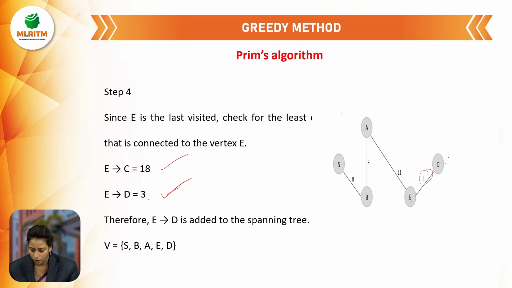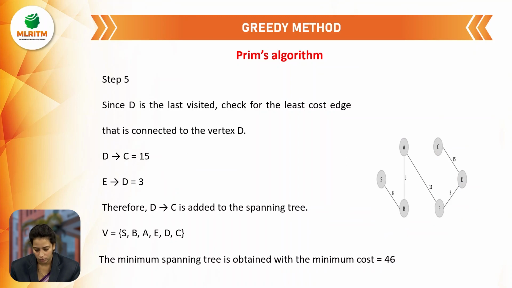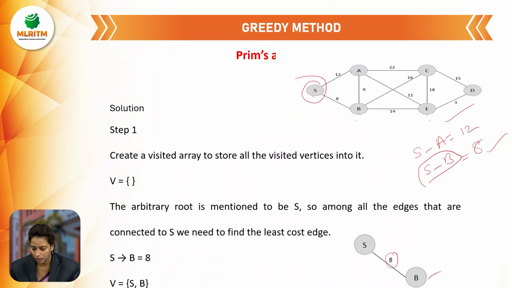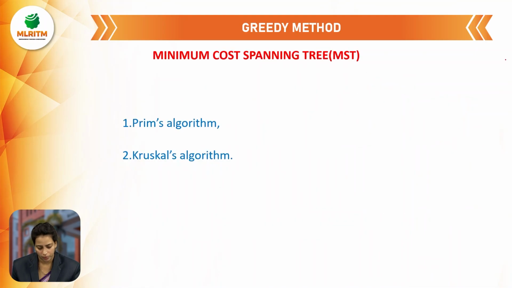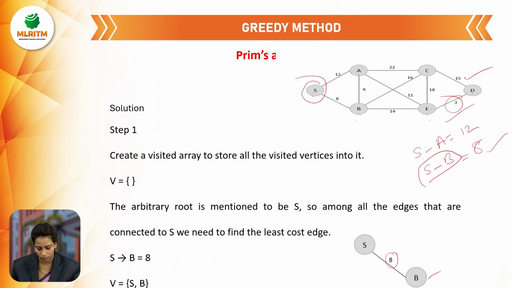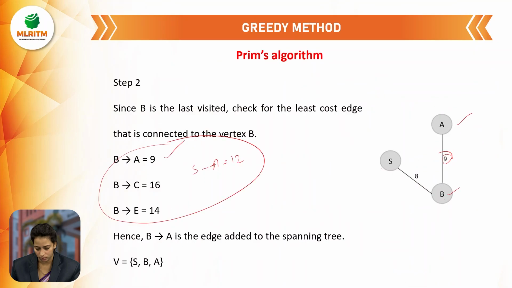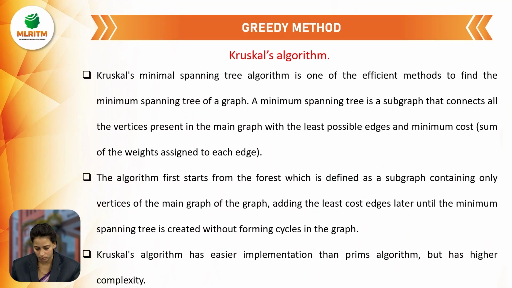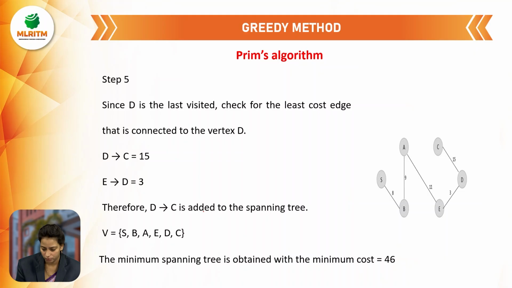Okay. Next, the newly added vertex is D, right? So find out the unvisited adjacent vertices of D. What are the adjacent nodes of D? D to C is 15, D to E is 3. 3 is already visited, right? So we consider 15.